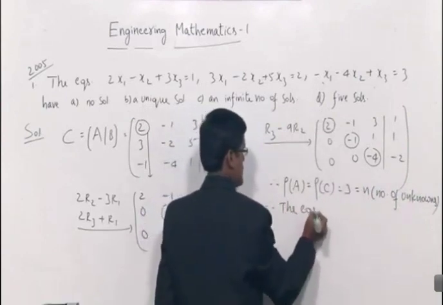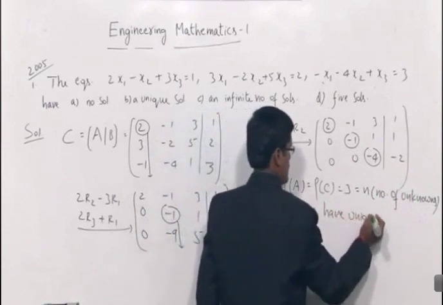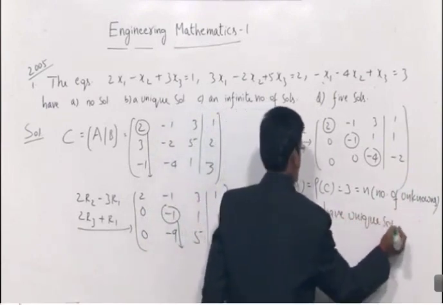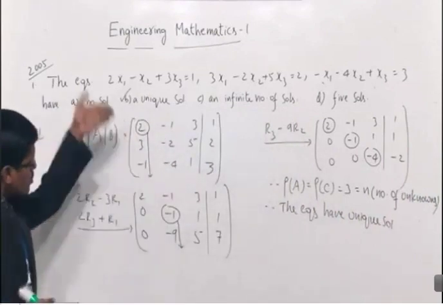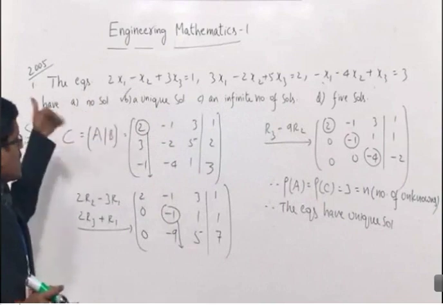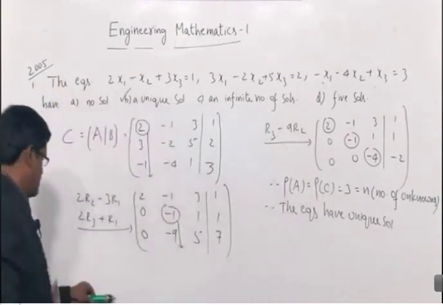Therefore, the given equations have a unique solution. So put the tick for option B. Next I will show how to find the solution, but by the requirement of the given question, this step is over. Okay.